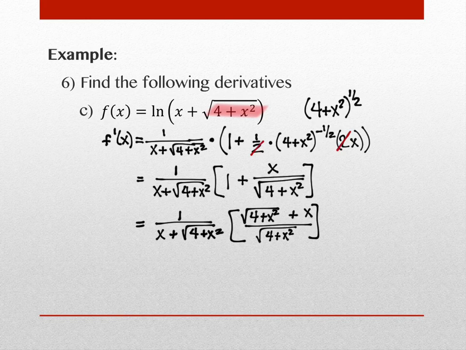Do you see something nice now? I hope so. This denominator and this numerator are identical. So when we multiply these together, these pieces cancel. And I really end up with something very concise. It's 1 over the square root of 4 plus x squared. And that's it.